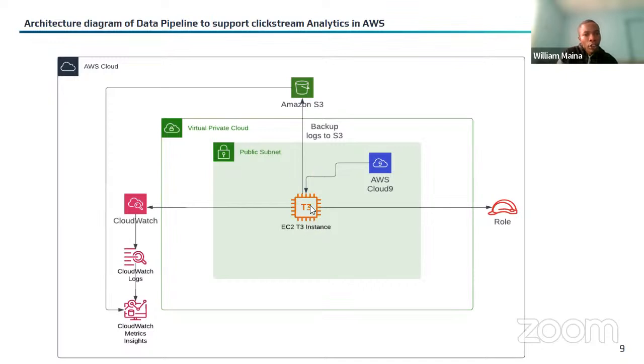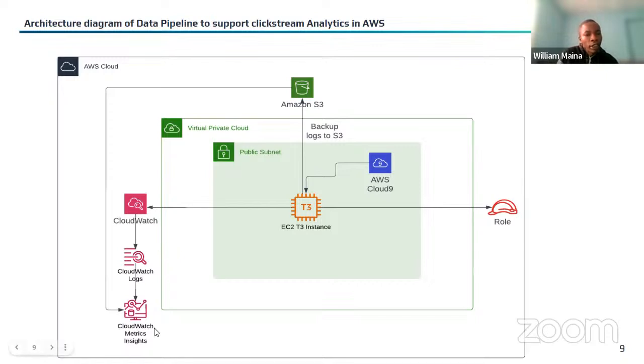Once the user interacts with the website, or different users interact with this website, which is hosted on this EC2, these logs are collected and sent to CloudWatch. Basically, I think it's a CloudWatch log group. Once they are sent into the log group, we can query them accordingly, maybe to see where users are interacting with the menu the most, maybe from a particular city.